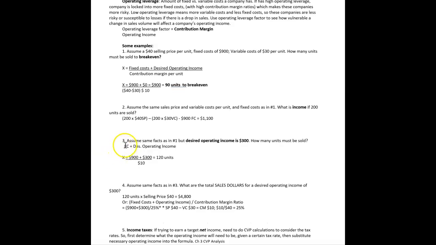This is going to be fixed cost plus desired operating income divided by your contribution margin per unit.